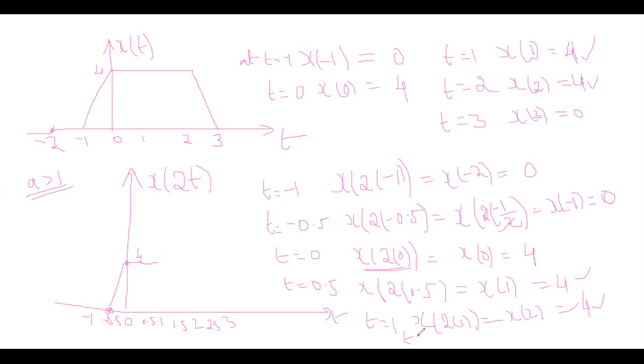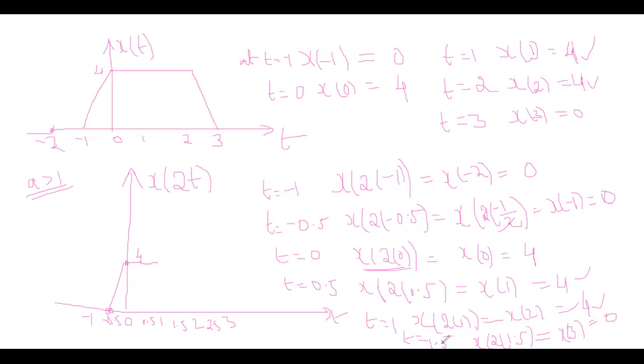What is the value at t is equal to 1.5? The x of 2 into 1.5. What is 2 into 1.5? It is 3, so x of 3. What is x of 3? 0.